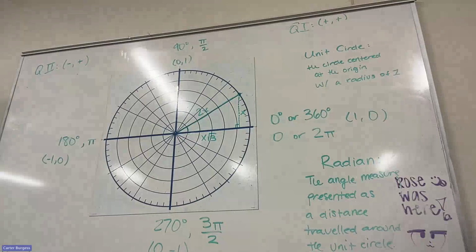What additional piece of information could I use in order to actually figure out what this value of x is? What is my missing value?